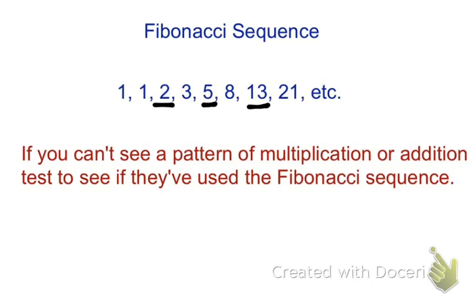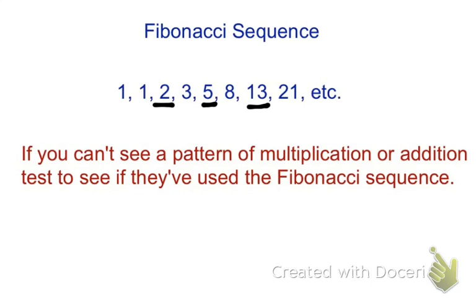If you can't see the pattern of multiplication or addition in any other sequence, test to see if they've used the Fibonacci sequence. Say you were given 2, 3, 5, 8, try to add 2 and 3 together, and if you get 5, it's a Fibonacci sequence.